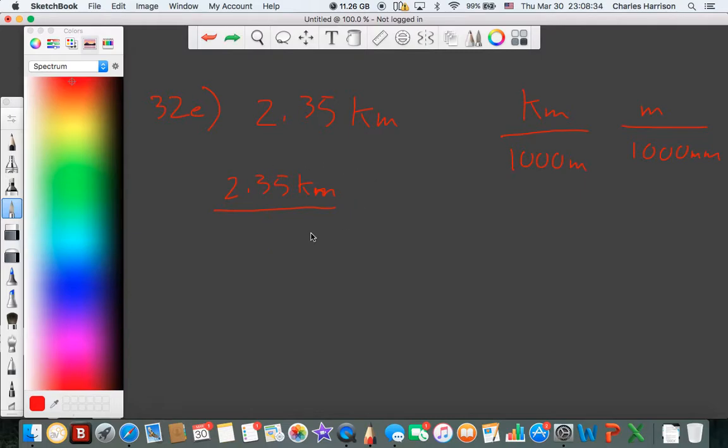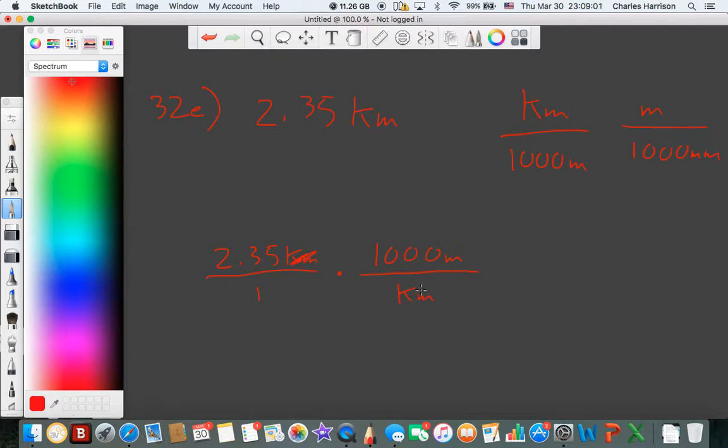And this is 2.35 kilometers over 1. So, actually I want to write that down a little bit farther. 2.35 kilometers over 1. So I'm going to times this by this ratio first and get rid of the kilometer. So I put 1,000 meters, and then I put a kilometer underneath, like so.